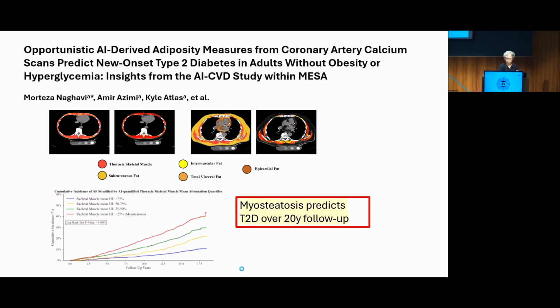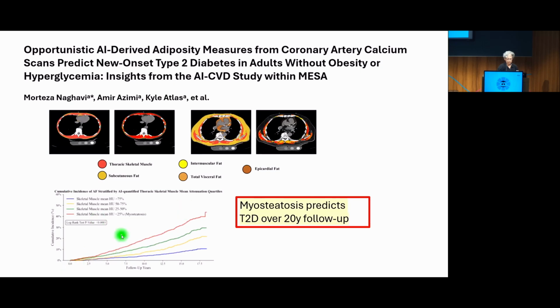The important point I want to make here is that myosteatosis, the fancy term for fat in muscle, particularly in excess, predicts type 2 diabetes over a 20-year follow-up. That's work that has been done here at Mount Sinai and led by this team.